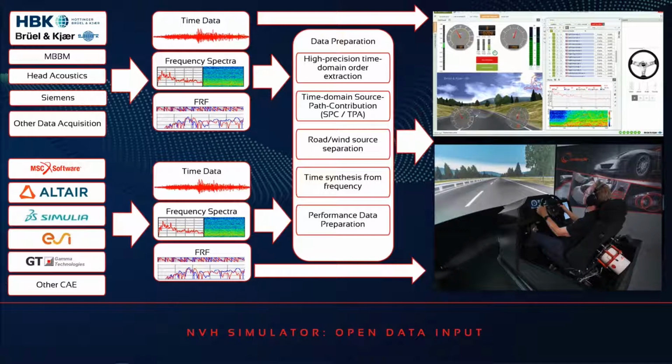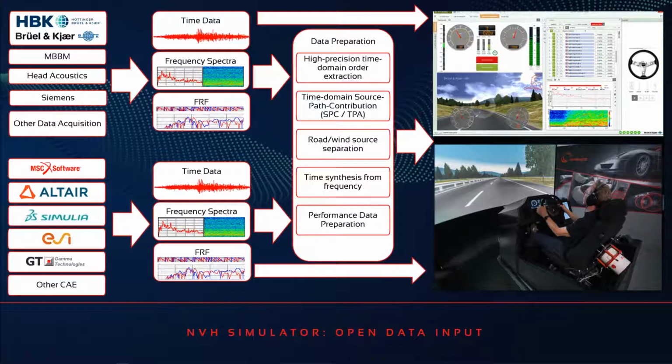The NVH simulator accepts measurements and data from a wide variety of sources in all common file formats. Some data can be directly used in the simulator with no further need of data processing, but other data needs some preparation to be used in a real-time simulation. For example, test-based time data typically needs to be decomposed into its component parts.